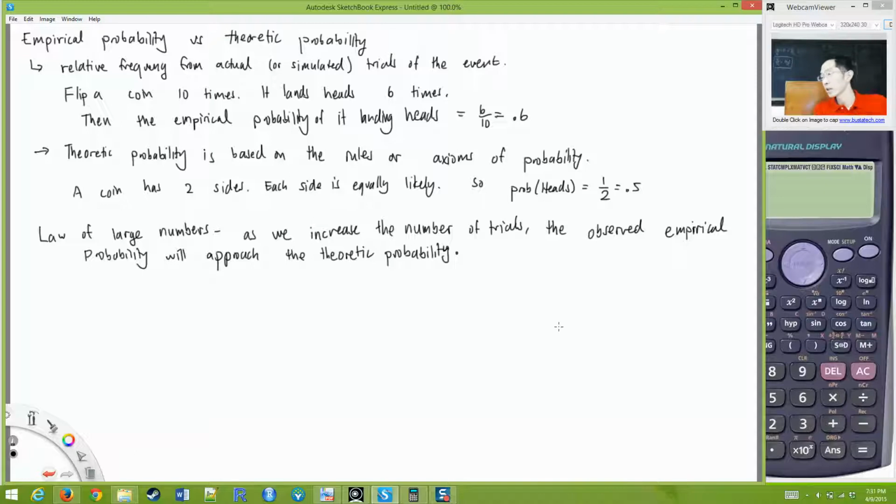So perhaps after 10 coin flips, we have only seen a probability of it landing heads of 0.6, and the idea is as we increase the number of trials, the empirical probability that we observe will approach the theoretic probability.